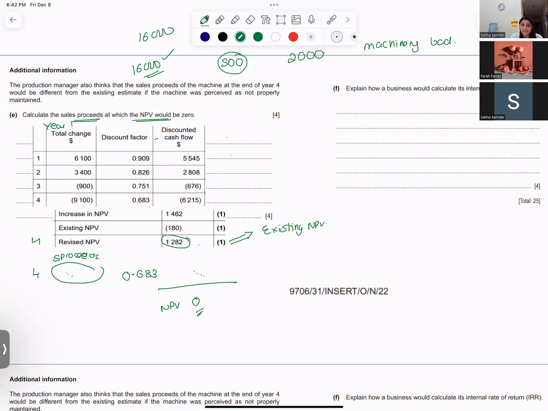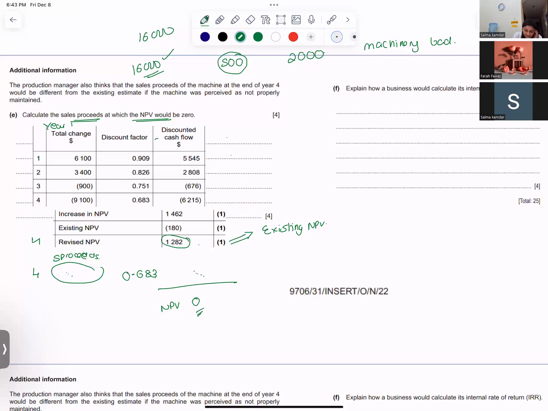Yeah. Positive NPV. But this is taking into consideration that you are going to sell your machinery at 16,000. But you are not going to sell your machinery at 16,000, because now you're not going to get 16,000.